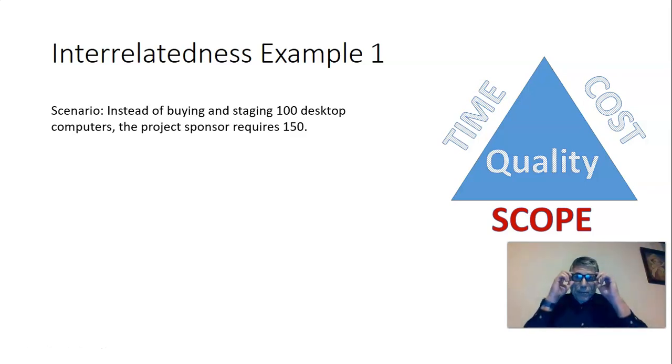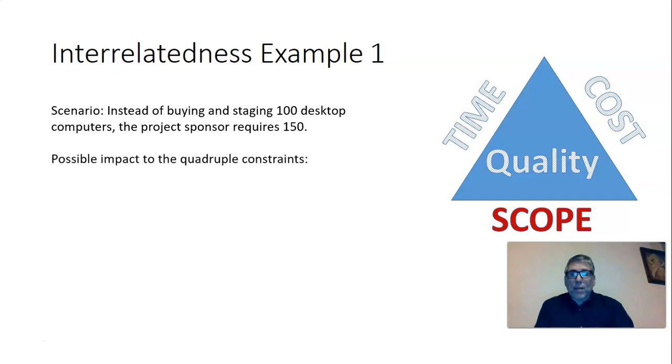So in our first example, we have a project that involves purchasing and staging 100 desktop computers. But now the project sponsor requires 150 desktop computers instead of the 100. Possible impact to the quadruple constraints could be cost is going to increase because we need to purchase 50 more desktops.